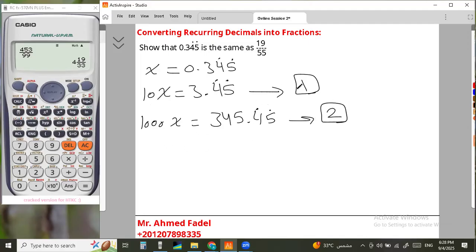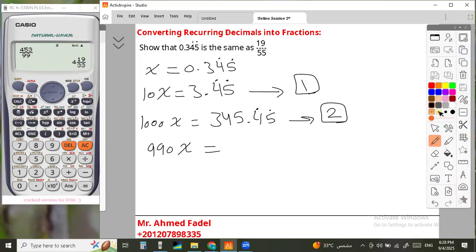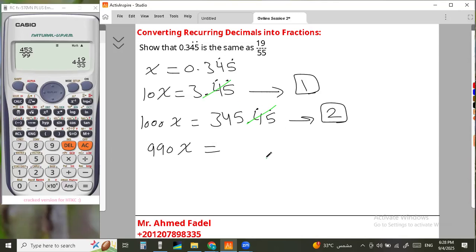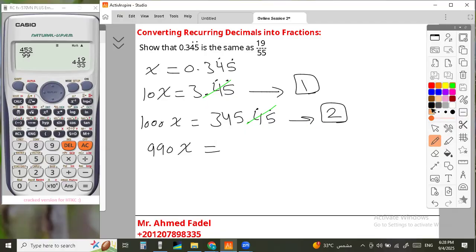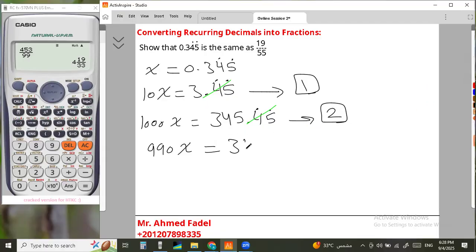Now it's 2 minus 1. What is 1000x minus 10x? 990x equals, and now when I subtract, the recurring decimals cancel. Now I have 345 minus 3, which is 342. X equals 342 over 990.